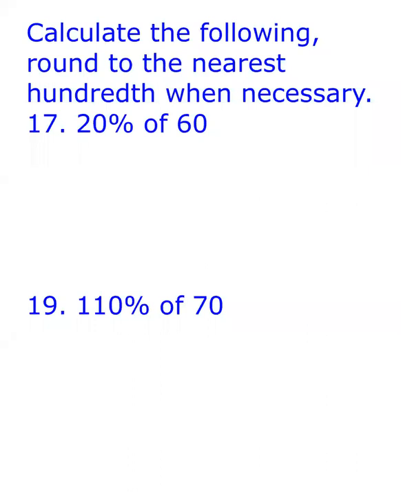Okay, so calculate the following, round to the nearest hundredth when necessary. So number 17, 20% of 60. So an important thing right here is whenever you see the word of, that means that we're going to be multiplying. Okay? And then the next thing that we have to do is convert our percent to decimal.